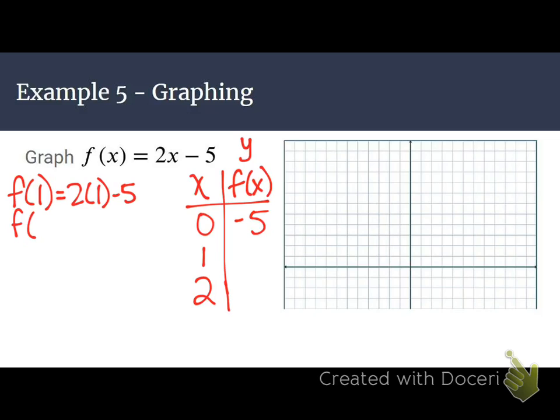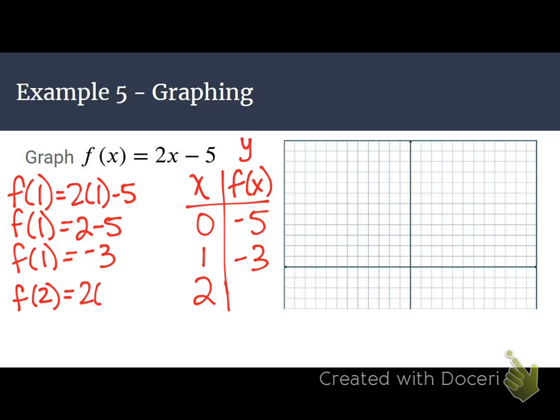Two times 1? 2 minus 5? Okay, that goes on our output table. Then we're plugging in 2. 2 times 2? 4 minus 5.